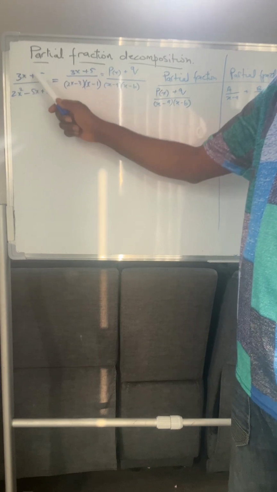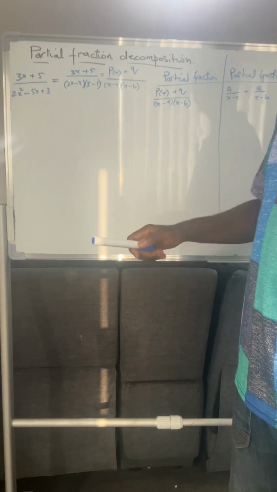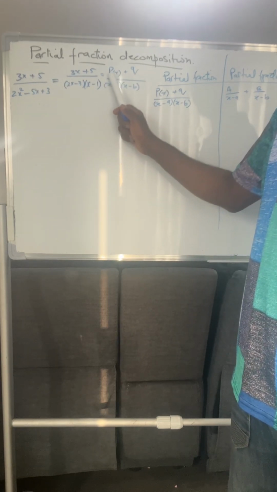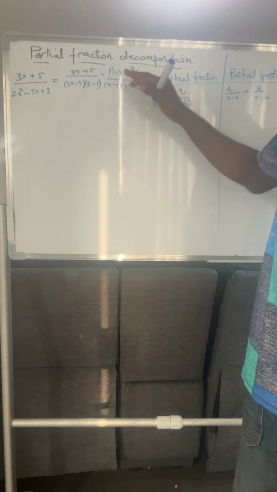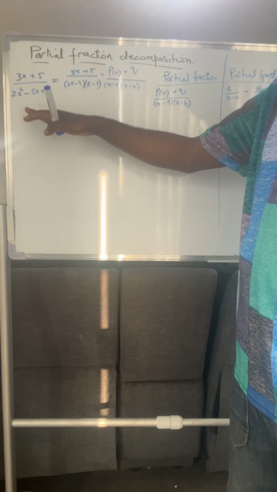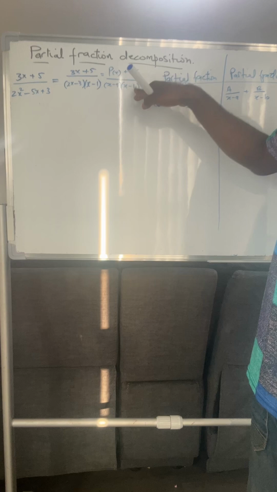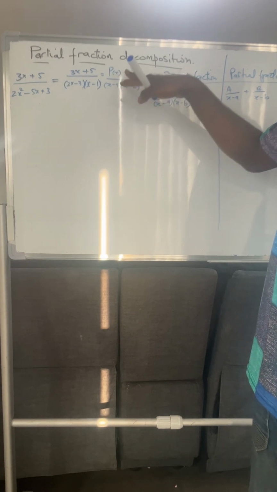These are constants; we give them unknowns p, q, and we have our x. This is 3x. This p now is 3, q is 5. When we decompose this partial fraction, we arrive at this equation here. This was the equation we arrived at.